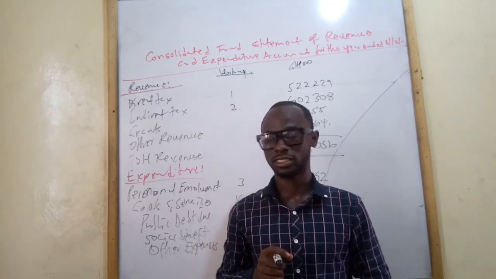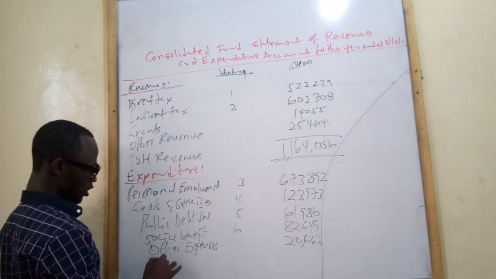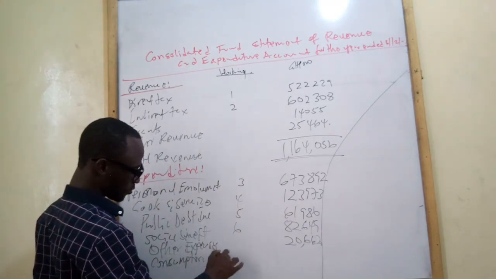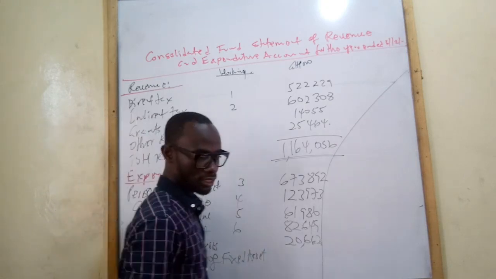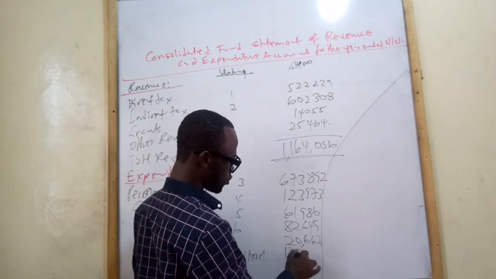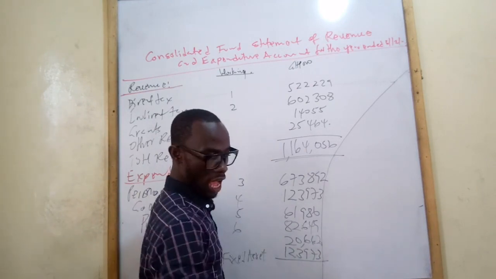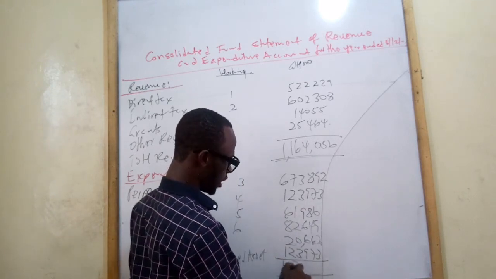Consumption of fixed assets. That will come here because we are preparing a profit statement. So consumption of fixed assets, and that is also 123,973.